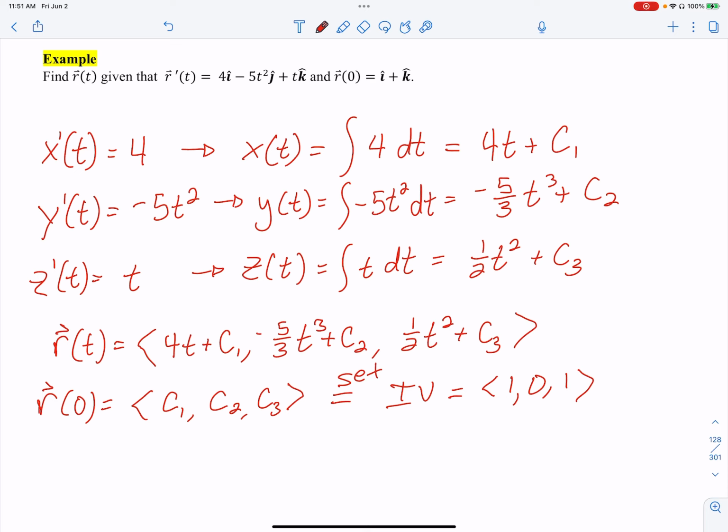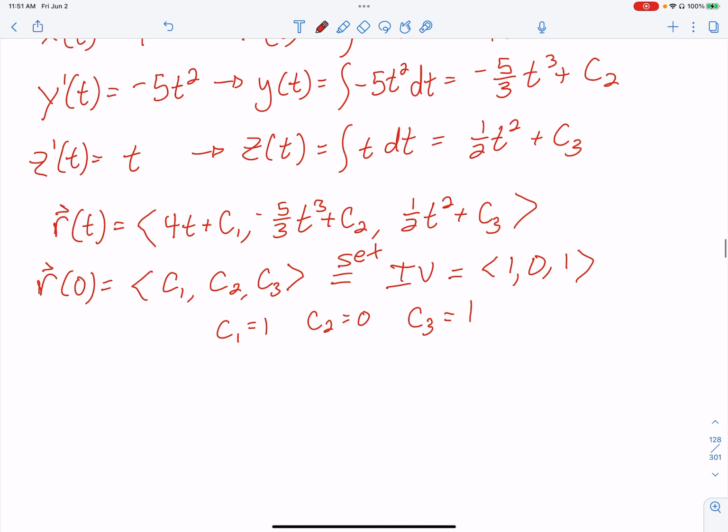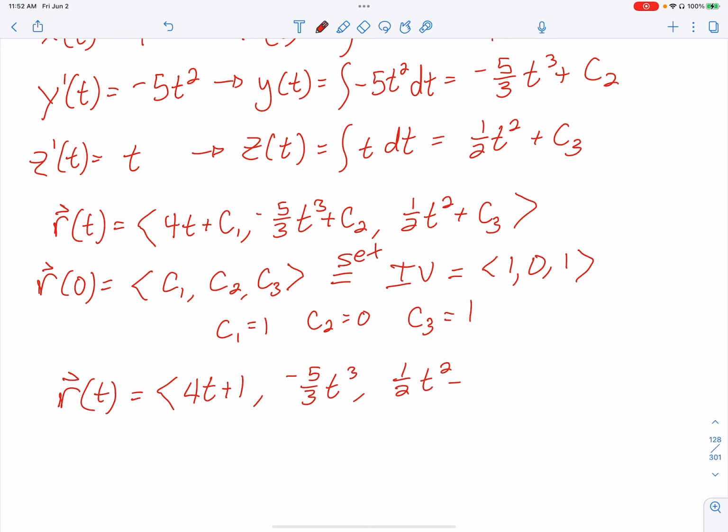So that tells me that c1 must be 1, c2 must be 0, and c3 must be 1. So now I actually can finish my problem. r of t is equal to 4t plus 1, negative 5/3 t cubed, and then 1/2 t squared plus 1. And that is our vector valued function.